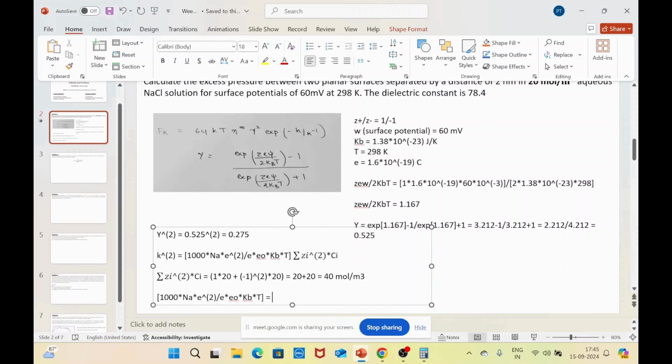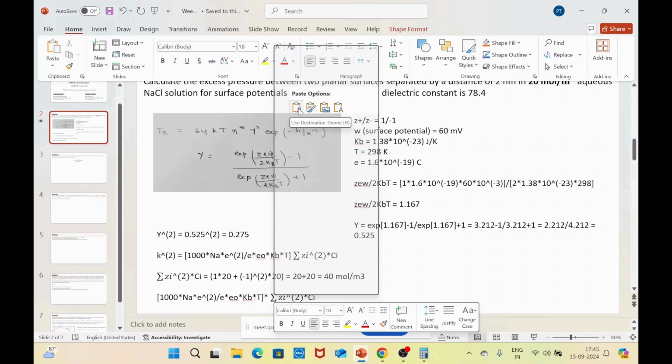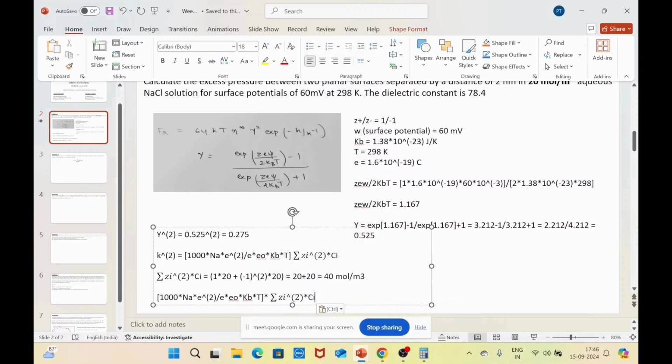So if you calculate together that with your Zi square times Ci, the value should be around, let me give you the final value.